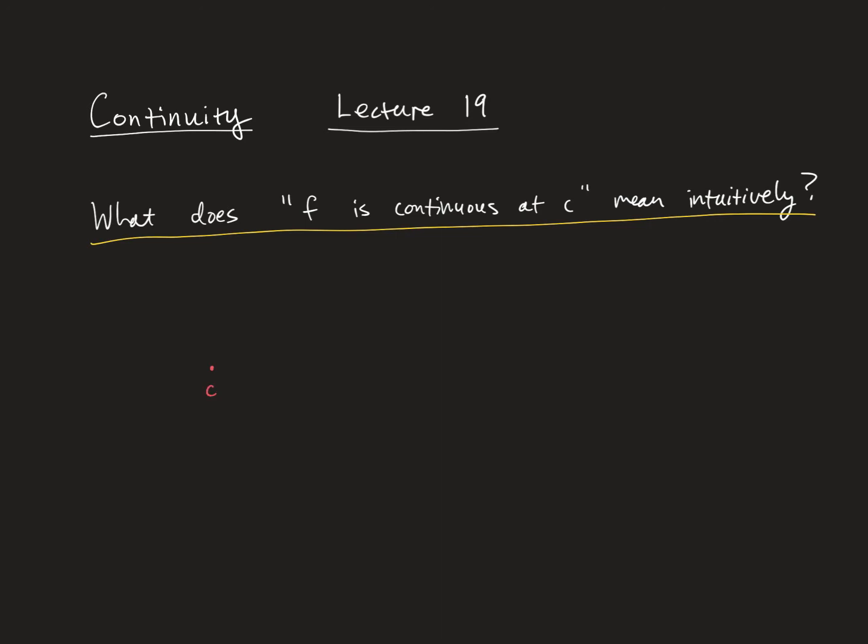So here's c. To say that f is continuous at c means that if I make a small change to the input of this function, so I change c to x, then correspondingly there's a small change in the output of the function. So I have f of c, and I made a small change to the input here.